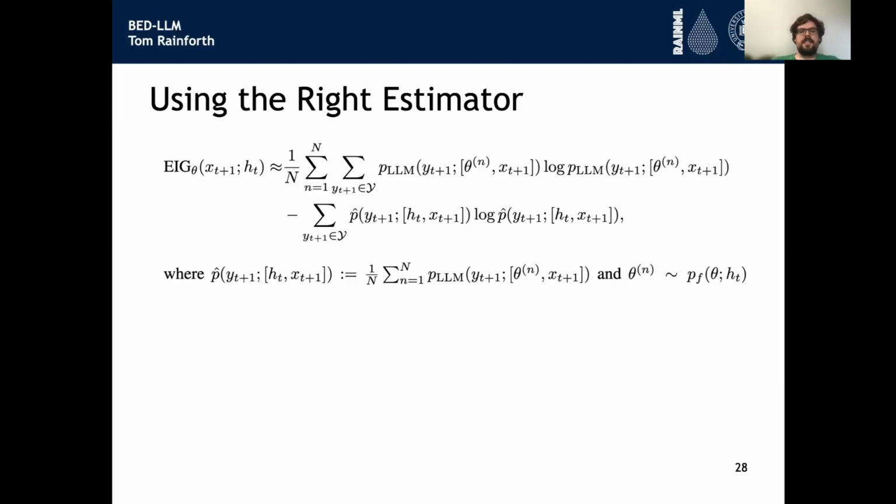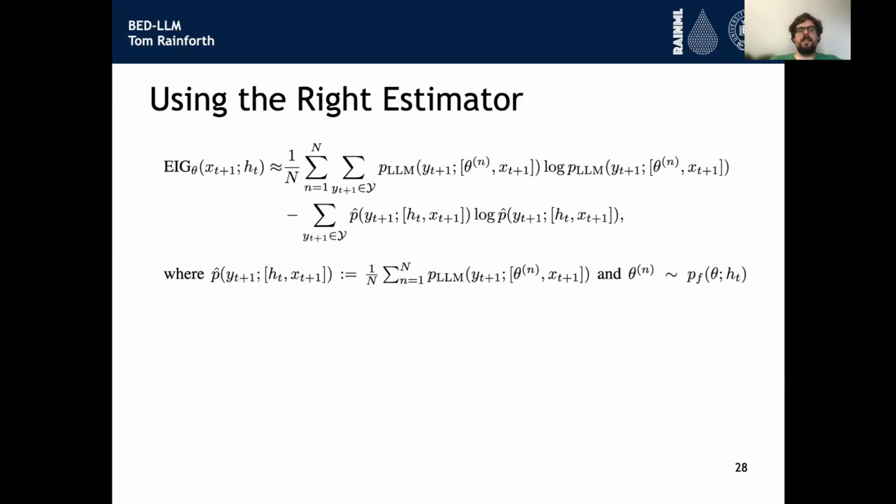It's relatively straightforward. We're going to draw these samples from P of theta, and then calculate this quantity shown here, where we sum over all the possible responses and take a Monte Carlo estimate of the entropy.